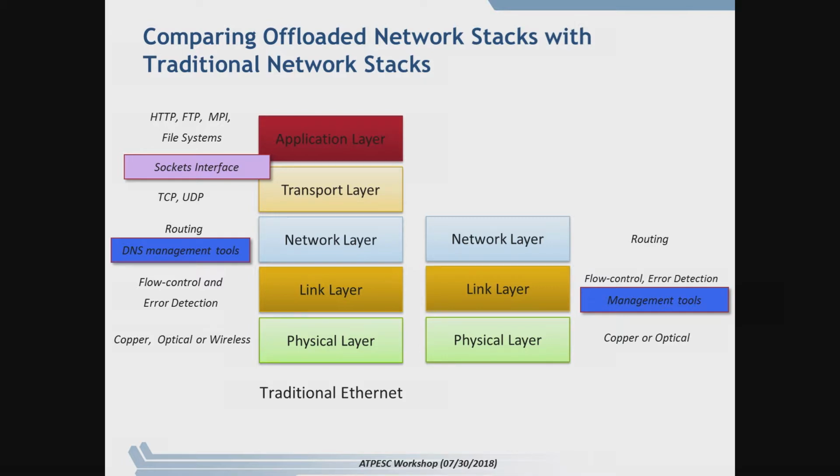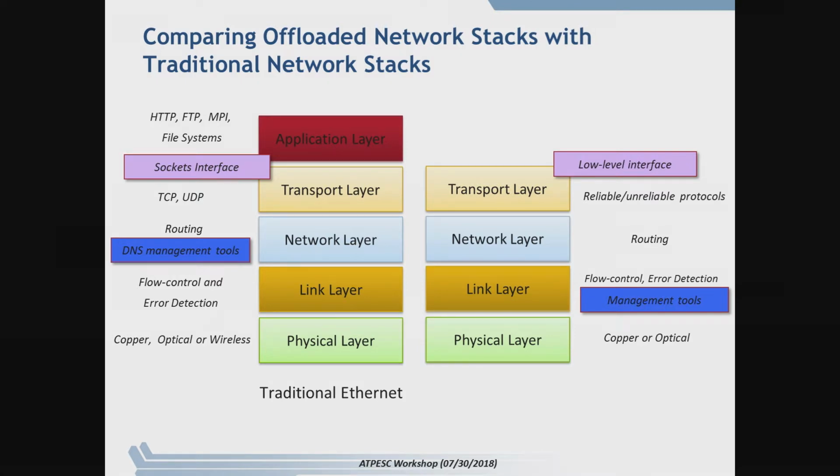This would be switches and so forth. At the transport layer, we have both reliable and unreliable protocols, similar to TCP and UDP, but more specialized. Because when we think about HPC systems and their interconnects, we're not thinking about a fully generalized protocol that works at internet scale.